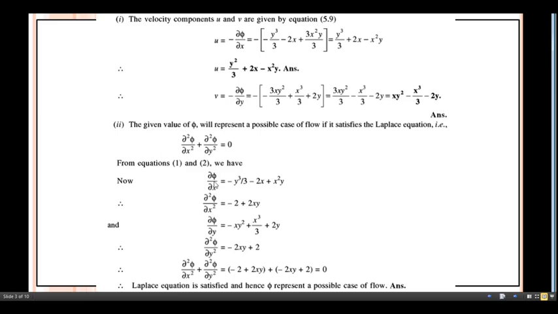So from this we can get ∂square phi by ∂x square. If you differentiate this term with respect to x, we can get ∂square phi by ∂x square. What about the derivative of this term with respect to x, as this term is constant?